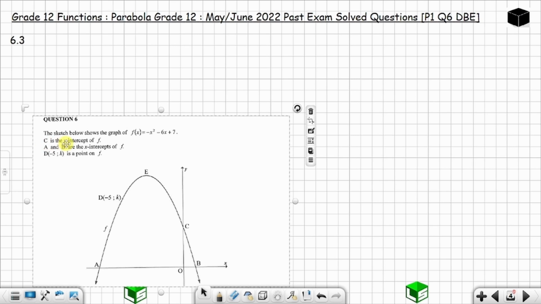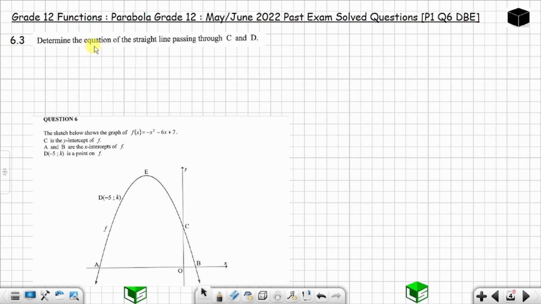And so the question says, question 6.3, determine the equation of the straight line passing through C and D. This question is 4 marks.